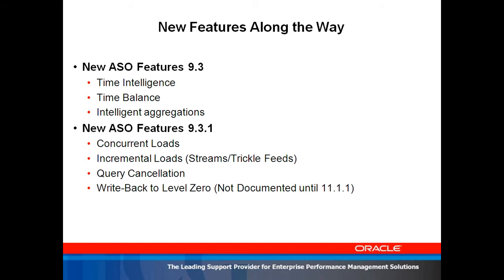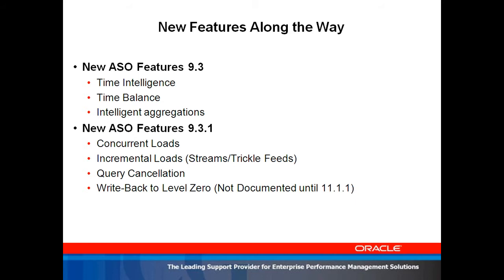They also added the concept of intelligent aggregations. Aggregate views are collections of members at upper levels that you want to aggregate and store rather than having the aggregate storage database dynamically calculate those members all the time.